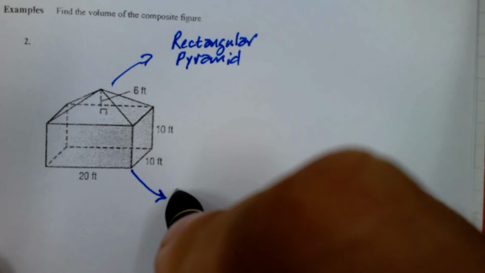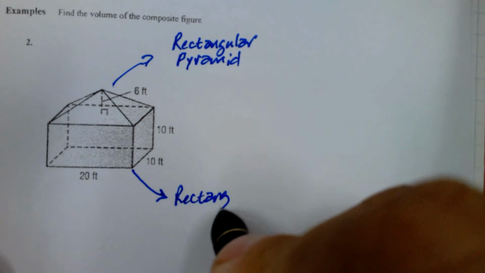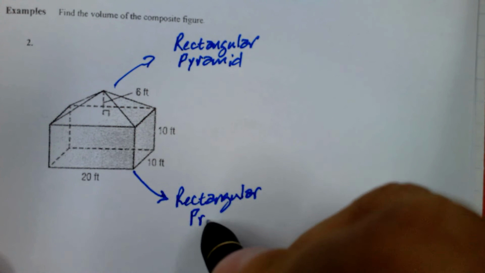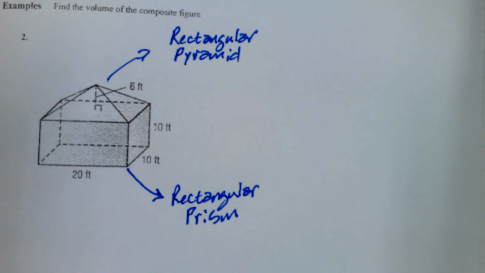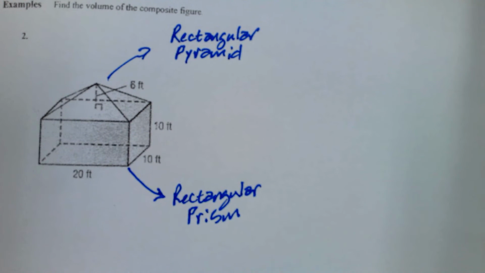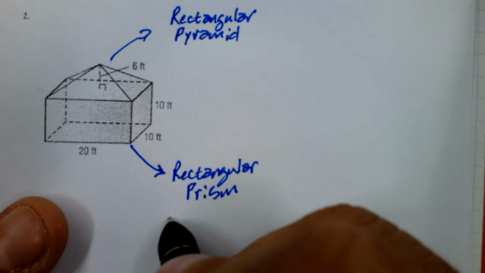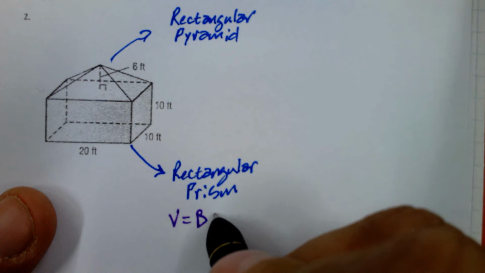Rectangular prism. Okay, so we have a rectangular pyramid on top and a rectangular prism on the bottom. Probably some sort of building. This time we're dealing in feet. So same as before, the volume for a rectangular prism is base area times height.